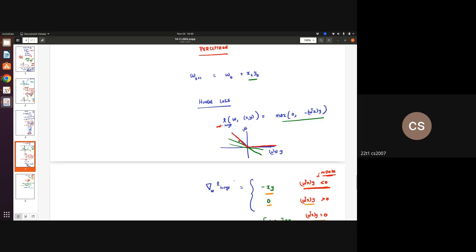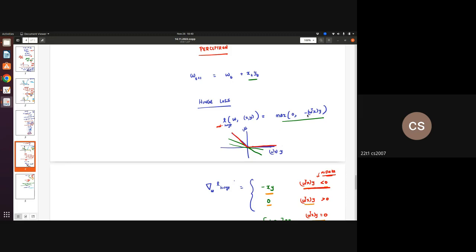Now, when W transpose X into Y is greater than 0, which is positive, negative of that will be negative. So the max of these two values will be 0. So the loss will be 0, which is representing this part. I hope this part is clear.